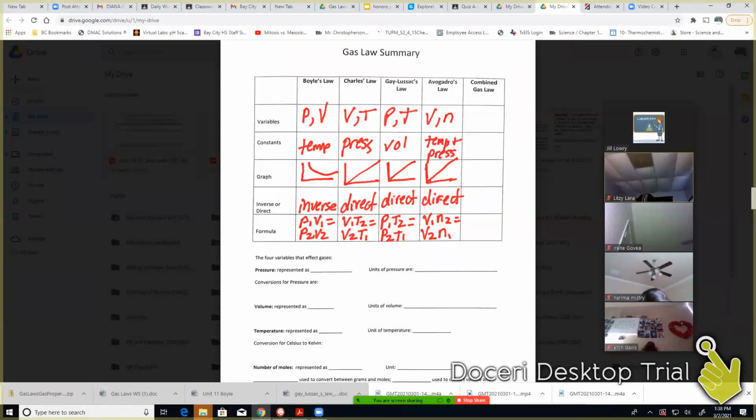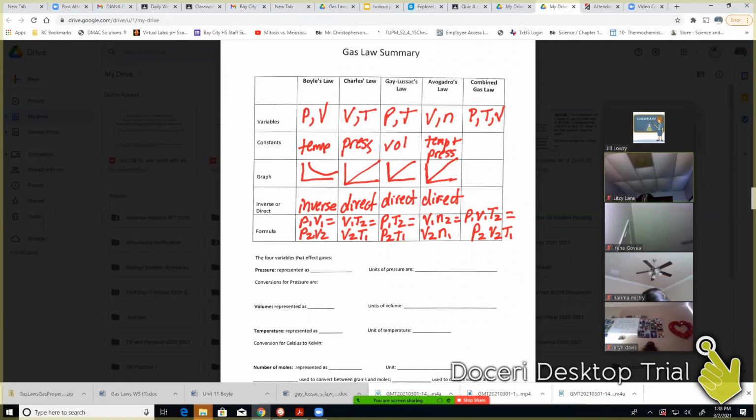Combined gas law looks at everything except the number of moles. So pressure, temperature, and volume are all part of it. That's too many variables where you can't just say how they're related, because if I change one, that's going to change that relationship. So we're going to skip all the way down here to the formula. P1 V1 T2 is equal to P2 V2 T1. So that's the summary of all those that we've done so far.